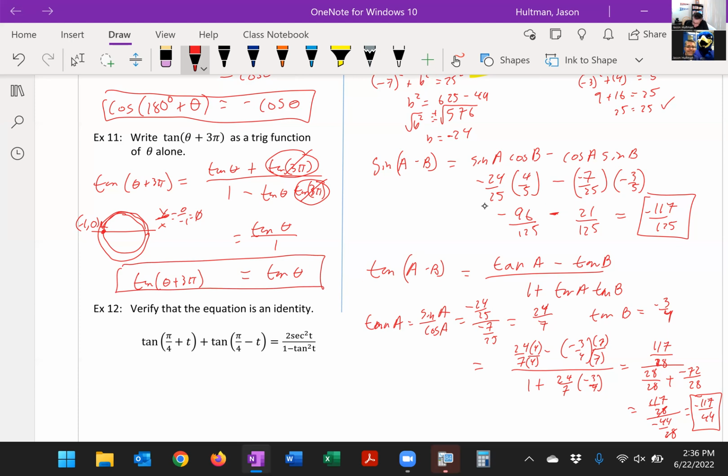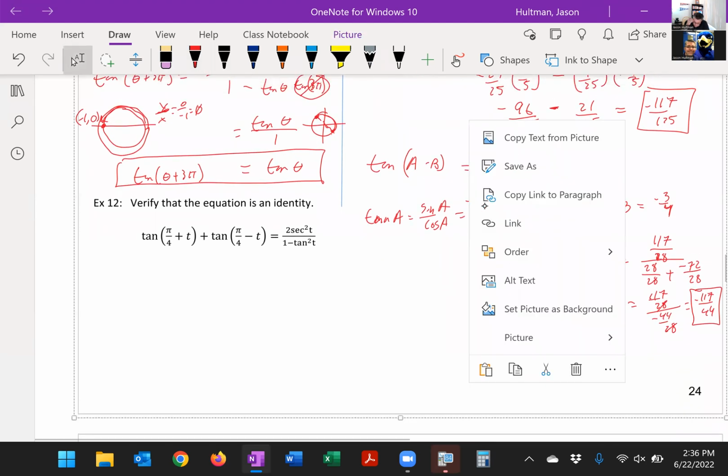If I take a point and rotate it 180 degrees around the unit circle, the value of tangent stays the same. So if I go from the 4th quadrant to the 2nd quadrant, or from the 1st quadrant to the 3rd quadrant, or vice versa, I end up with the exact same tangent value. That's kind of cool.